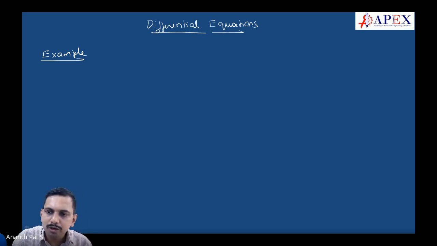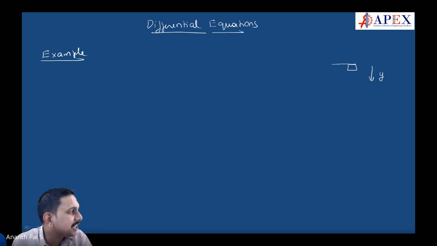A stone falling. This is very important. Okay, a stone is falling from above. This is governed by a differential equation. What is the differential equation here? The thing which is changing is y, right? And y changes with time.